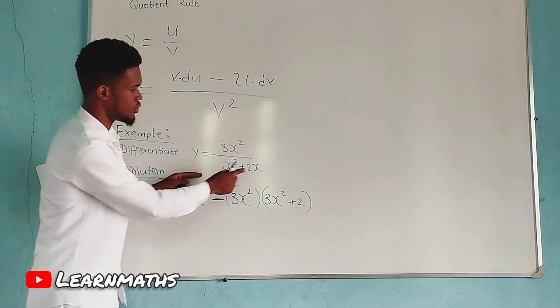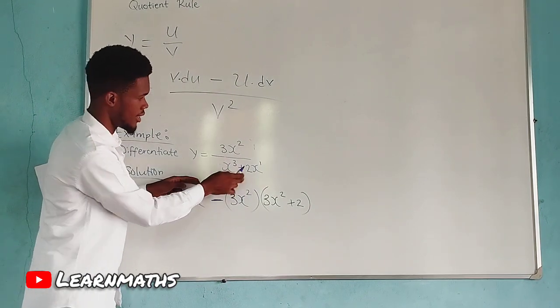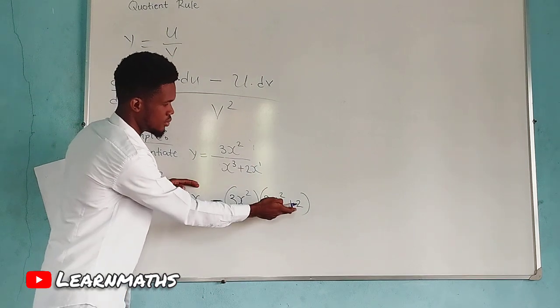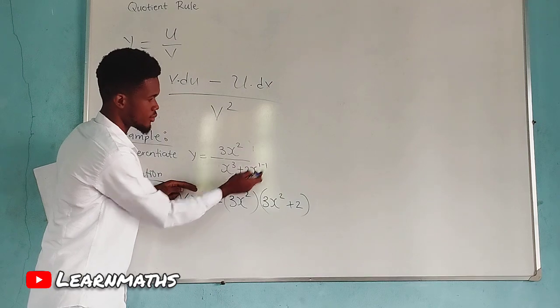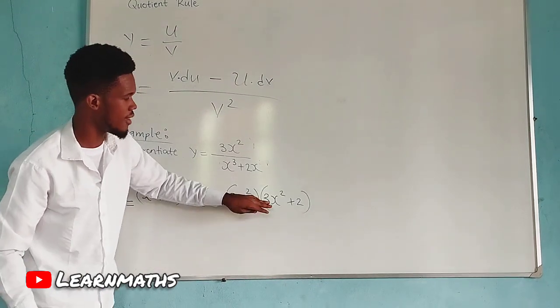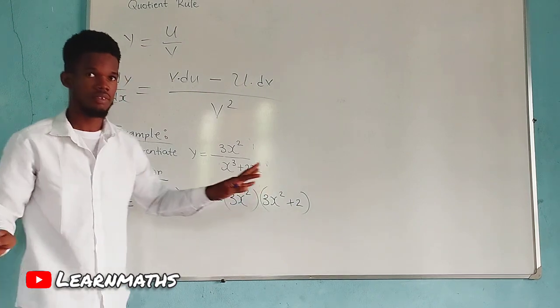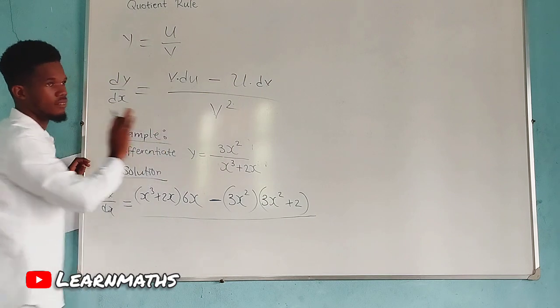How about the differential of 2x? The power of x here happens to be 1, so 1 times 2 is 2. Then you subtract 1 as usual, 1 minus 1 is 0. Since we have x raised to the power 0, x is gone. So we are left with 3x squared plus 2, over v squared.